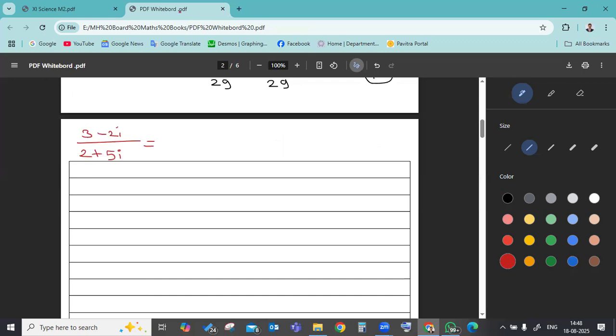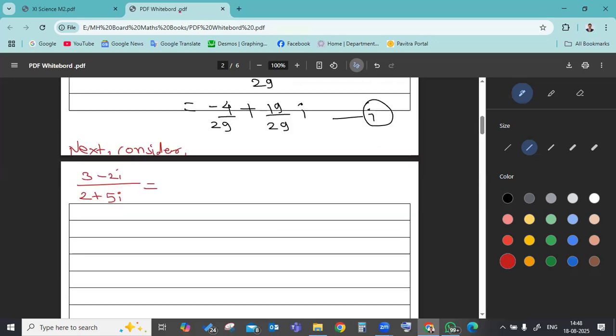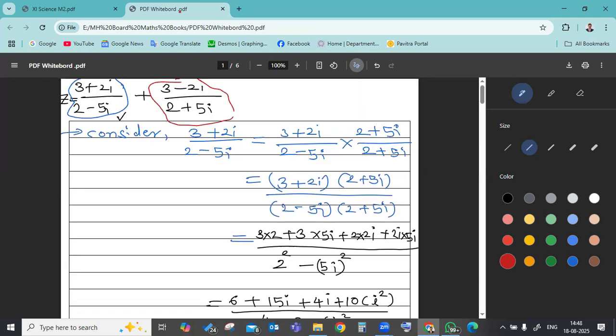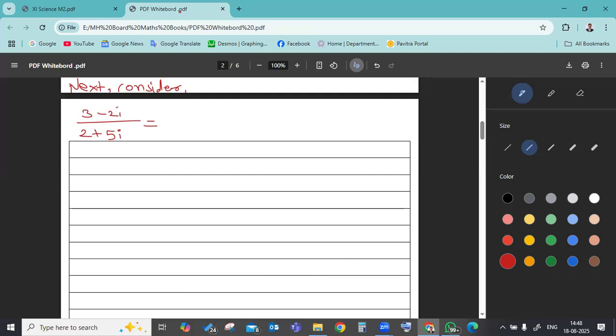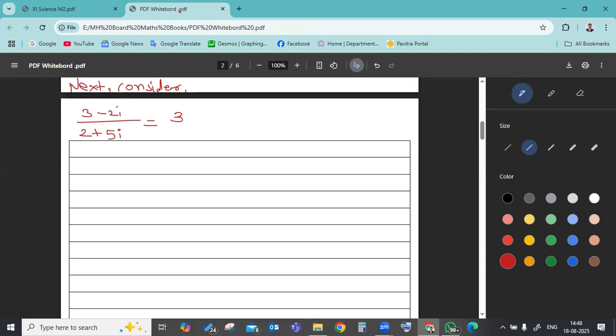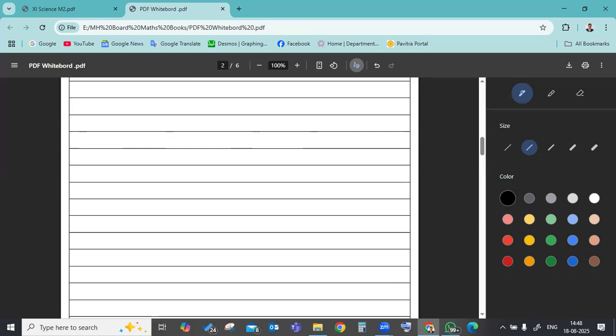We multiply and divide by 2 minus 5i, because it is the complex conjugate of the denominator 2 plus 5i.